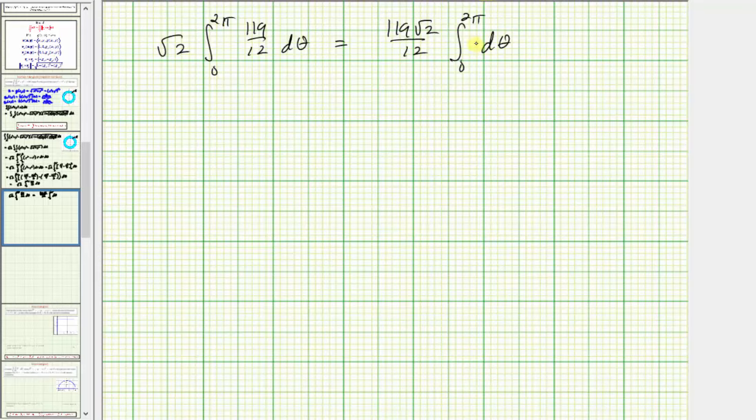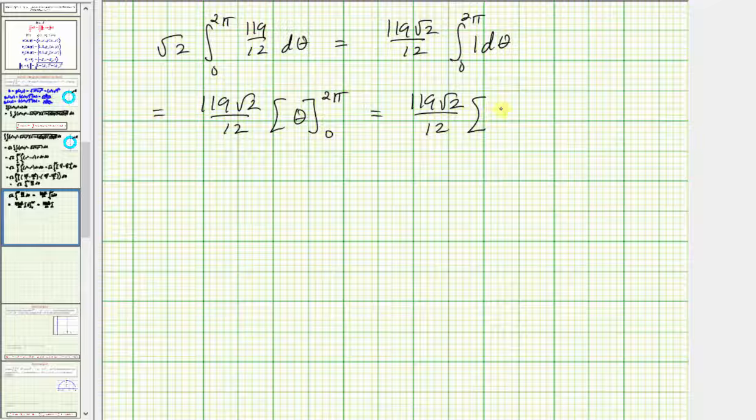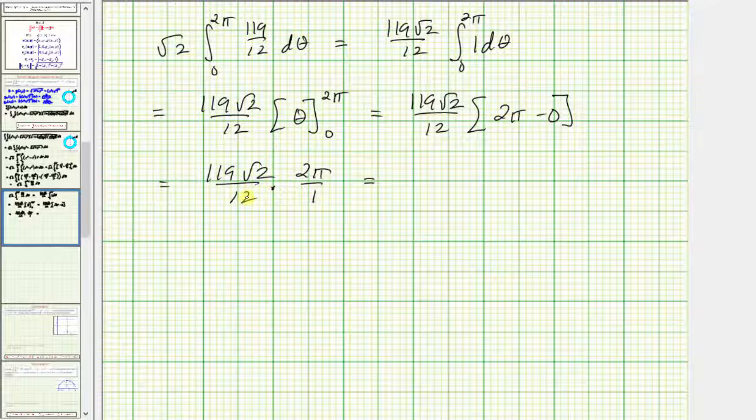So the antiderivative of 1 with respect to theta would just be theta. So we have 119 square root 2 divided by 12, and then theta. So evaluating here, we get 119 times the square root of 2 all over 12 times 2 pi minus 0. We have a common factor of 2.